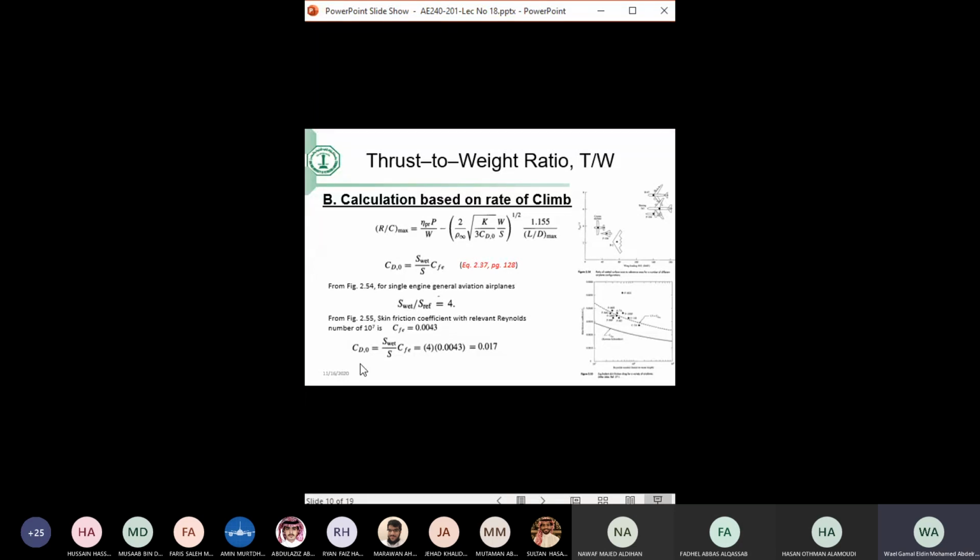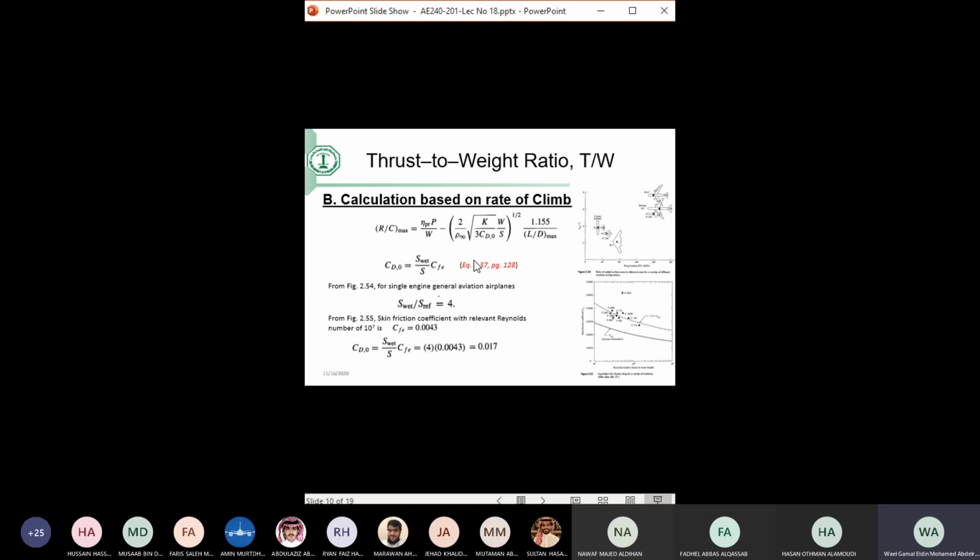If I multiply them, I will get a CD naught of 0.017. You could have assumed 0.02, a little bit less. For your design project, I can assume it's slightly less than 0.02. I would say 0.017, maybe 0.016 even, because it's an aerobatic aircraft. It should be aerodynamically clean, very smooth on the external surface.